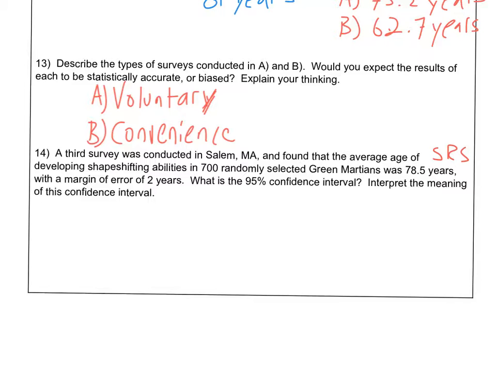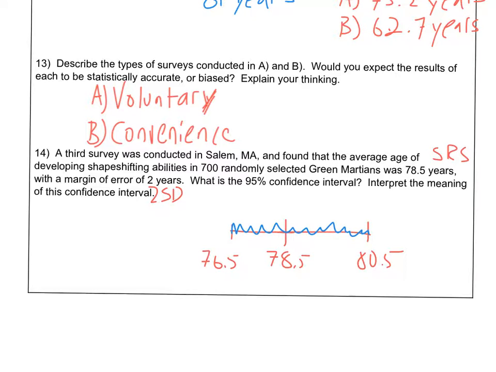Well, we know that for the margin of error, we said that that was 2 SDs, 2 standard deviations, so we're looking at 78.5 is the middle. And going 2 standard deviations up, we're going to get 80.5. And 2 standard deviations down, we're going to get 76.5. This would be my 95% confidence interval.